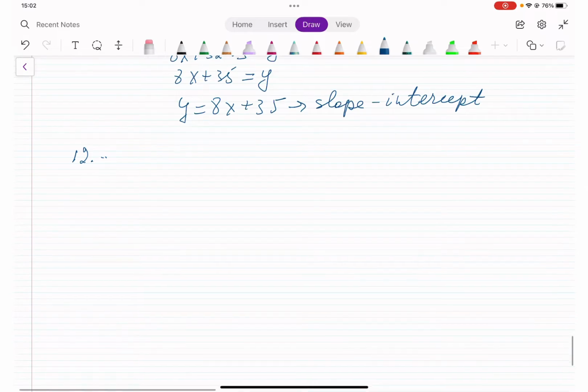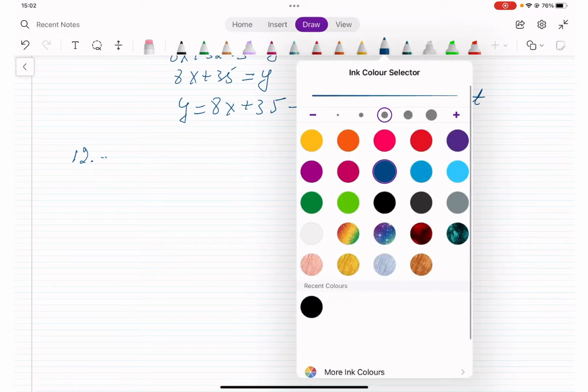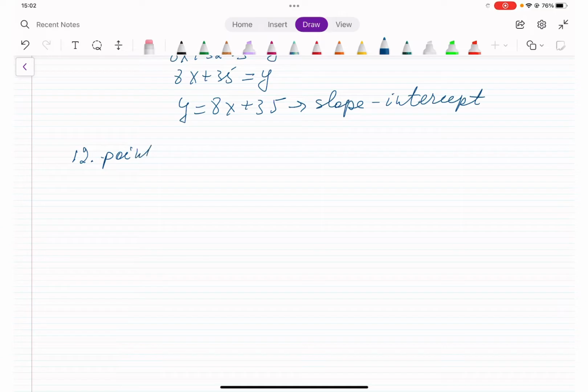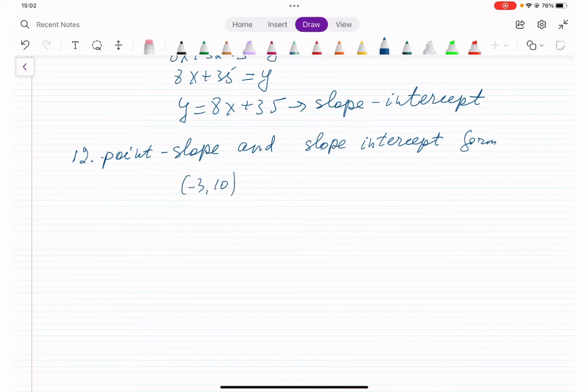Point slope and slope intercept form. Okay, we have 2 points, -3, 10, and 2, -5. Okay, well, let's do it.